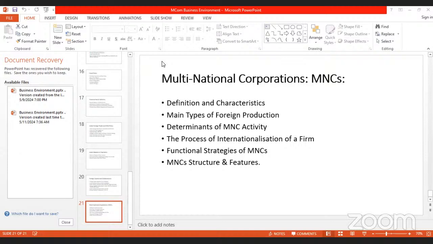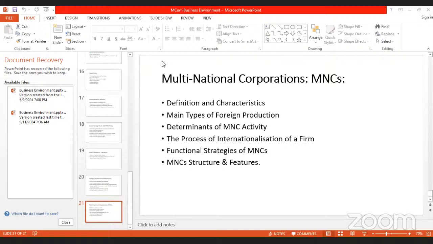Next, there is matrix structure. So under matrix structure, combining product and geographical structure to leverage the benefits of both and ensure coordination across products and the regions involved. So that is known as the matrix structure. And the fourth structure is transnational network structure.